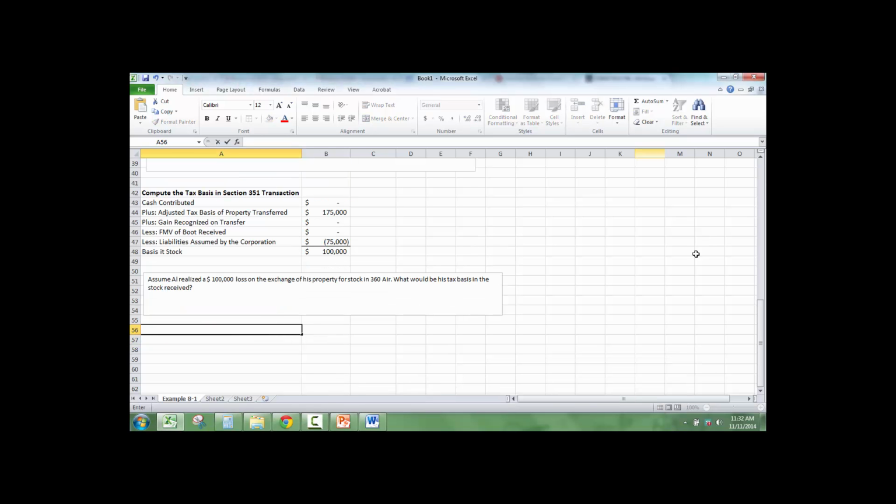Now we're going to assume that Al realized a $100,000 loss on this transfer of the property instead of a gain that was deferred. He also must defer the loss, but in order to do this, we must take the fair market value of stock received, which was $300,000, plus deferred loss, which was $100,000, equals his basis in the stock.